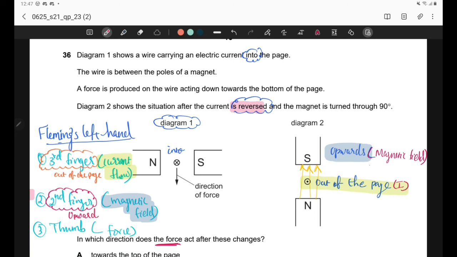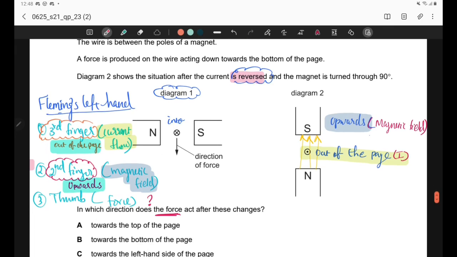As you can see in the figure, the magnetic field is from north pole to south pole, so it must be in the upward direction. So keep your third finger or middle finger out of the page, facing towards your face, and the second or index finger upwards. Then check the direction of the thumb, and you can see your thumb will be pointing towards the left hand side of the page.